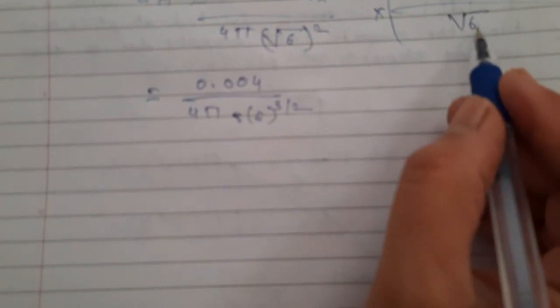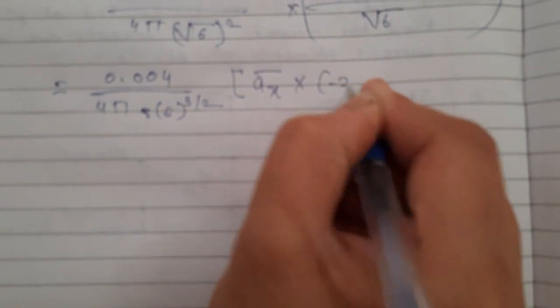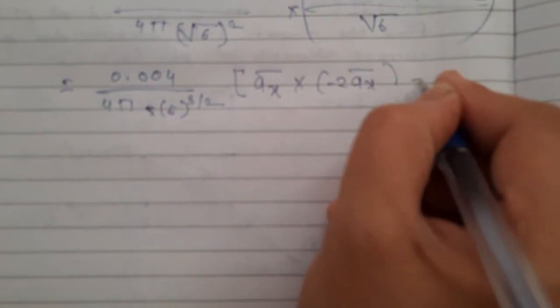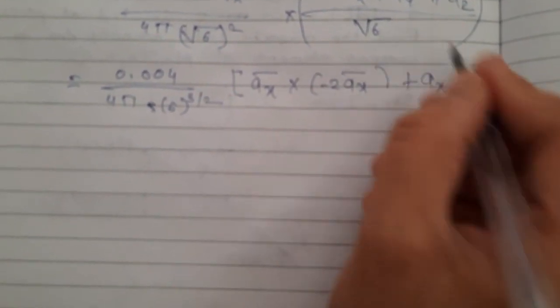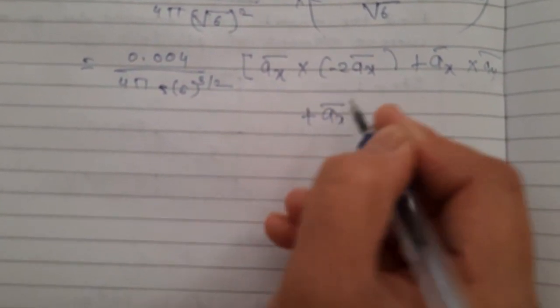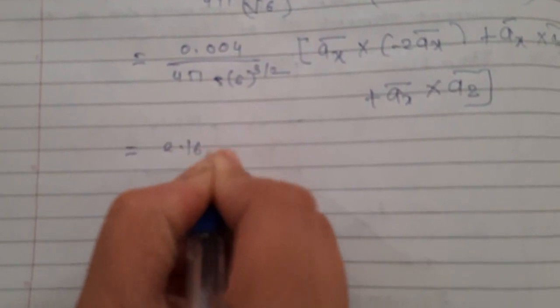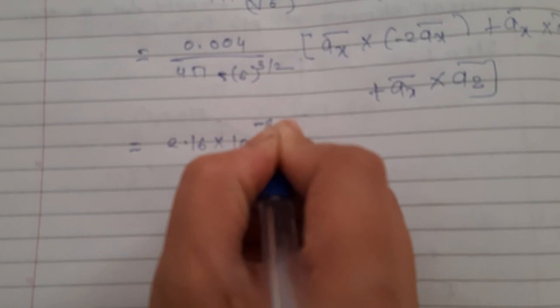We take this square root of 6 here and it is 3 by 2. So it is AX bar cross, we multiply this AX bar with this bracket, minus 2 AX bar plus AY bar plus AZ bar. So this part is 2.16 into 10 raised to minus 5.